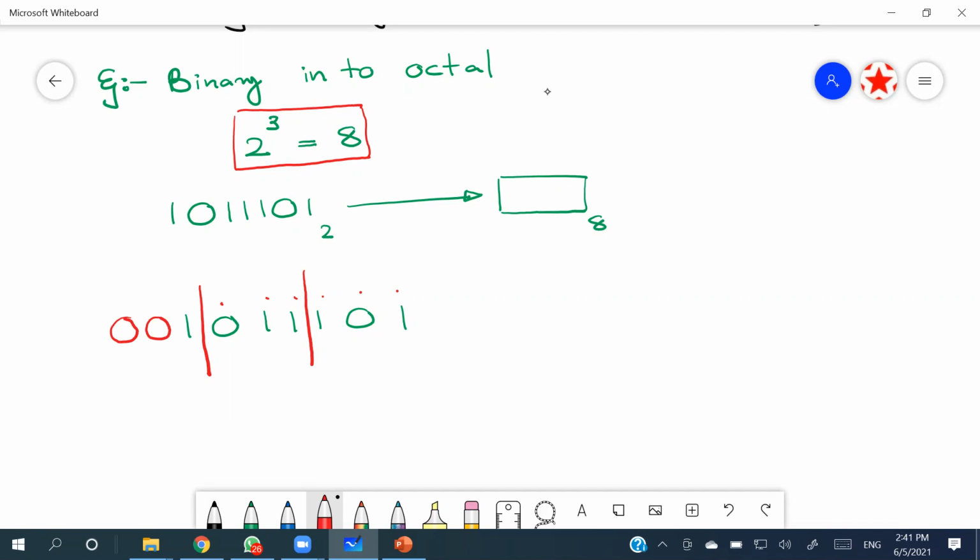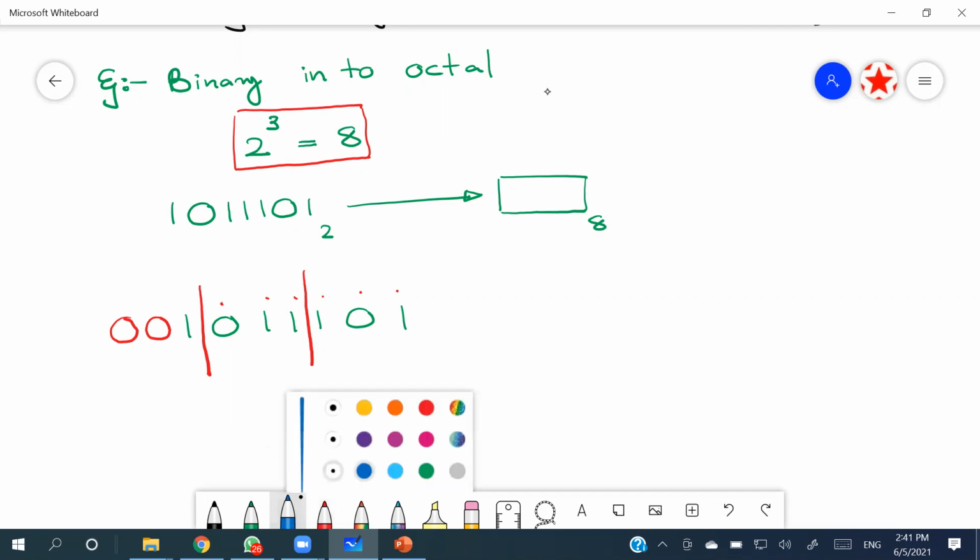So what I said, we are considering these groups as small binary values. Then the thing we have to do is convert each small group, considering it a small binary value, into its decimal equivalent. What did we do last week?